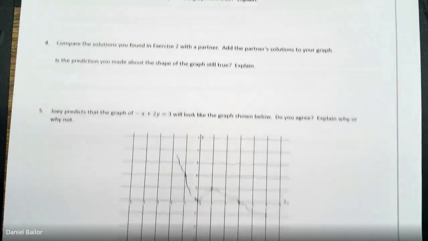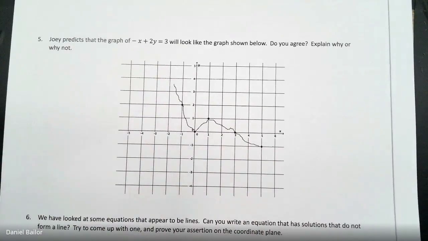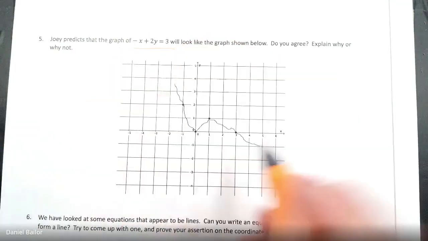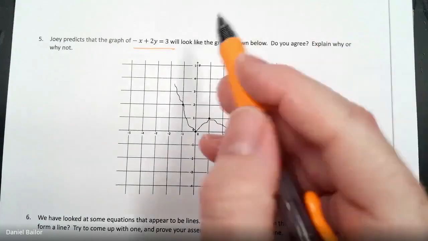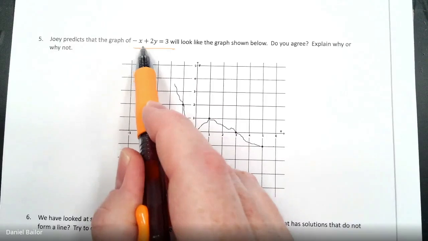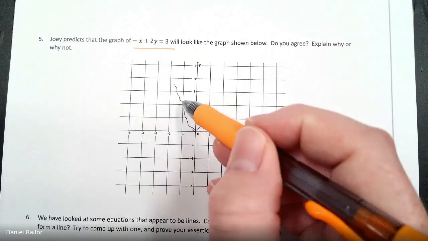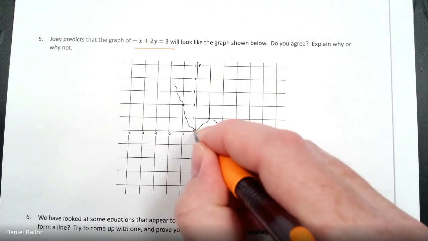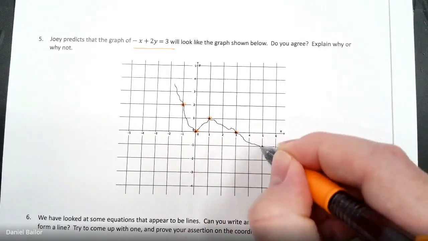Number 5, Joey predicts that the graph of this equation will look like this. Do you agree with Joey? Well, I'm going to say no, because this is a linear equation, but Joey does not have a straight line. In fact, Joey has a point down here. All Joey's other points are right here.